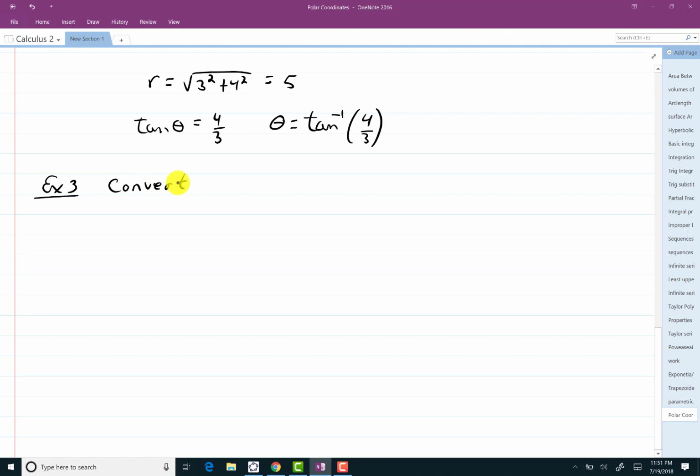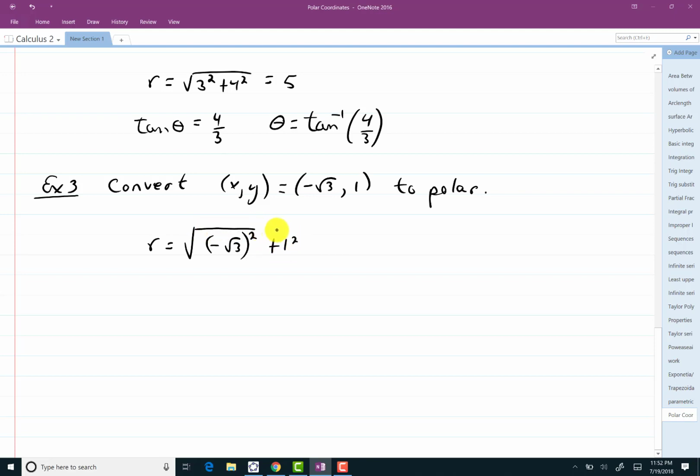Convert x comma y equals negative square root of 3 comma 1 to polar. So same deal. r equals the square root of the quantity negative square root of 3 squared, plus 1 squared.